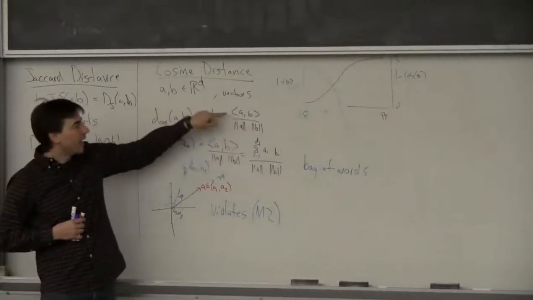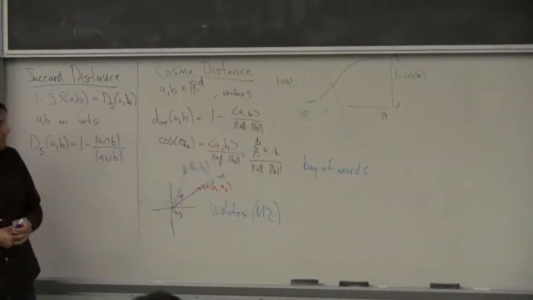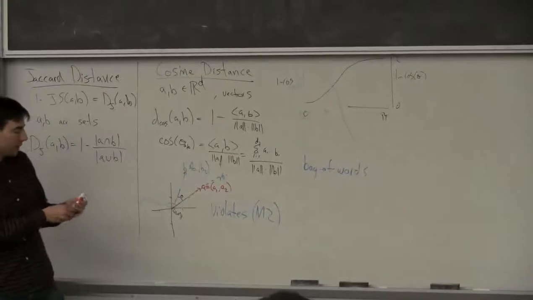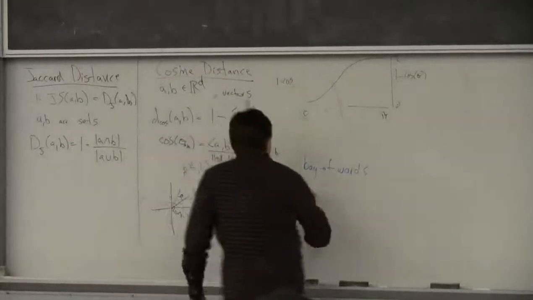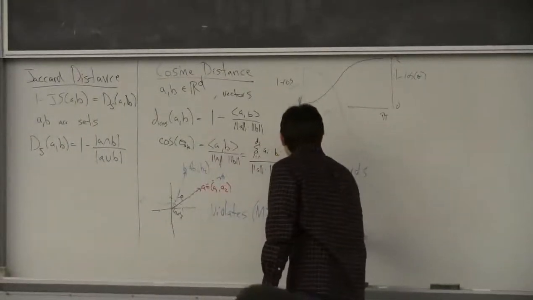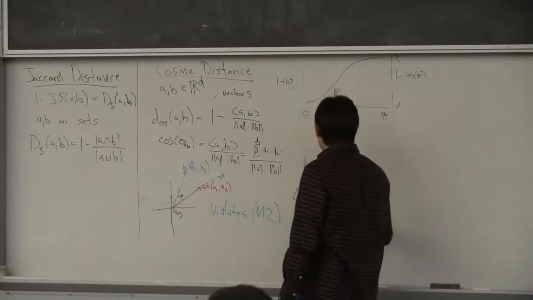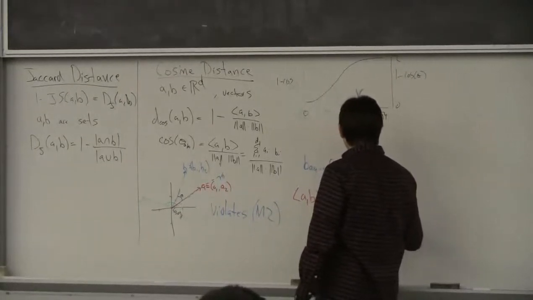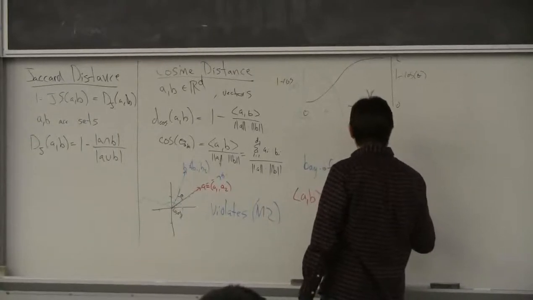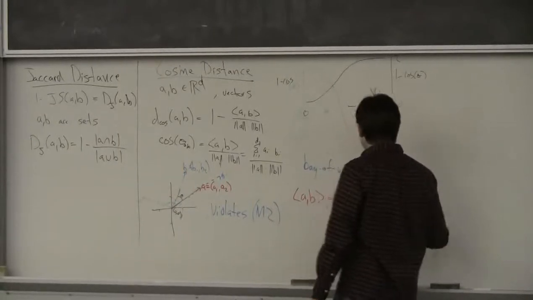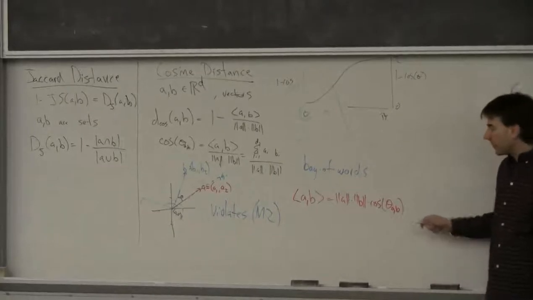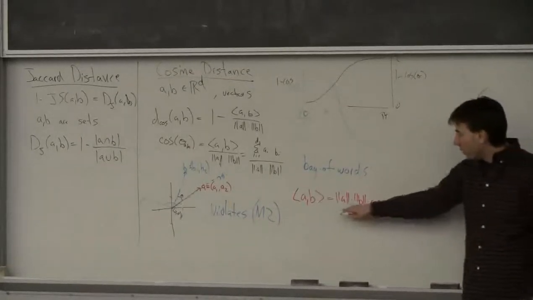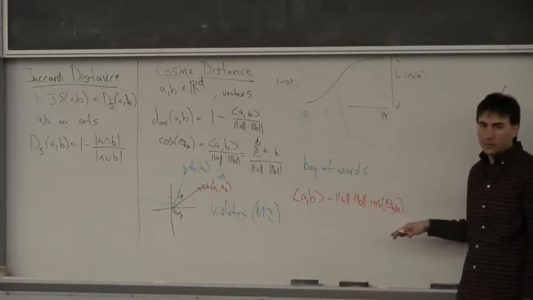So the cosine is defined this way, but really you should think of it as the dot product of A and B being defined as the norm of A times the norm of B times the cosine of the angle between A and B. If you define the dot product, which is kind of the similarity here, then it involves the length of these vectors.